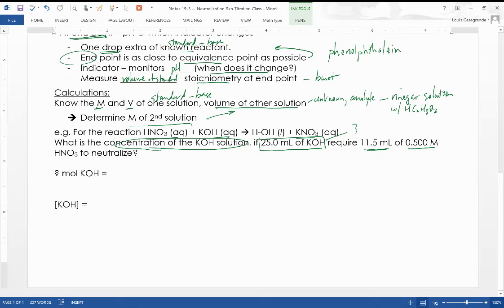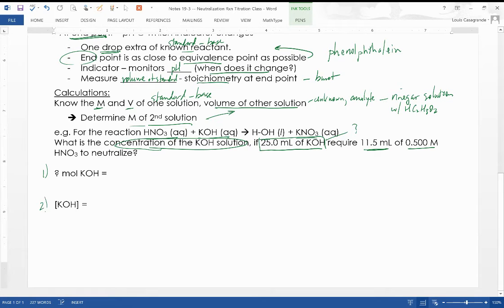Okay, so we did these kinds of equations, these kinds of stoichiometry, back in chapter 15 when we wanted to know what the unknown concentration was. And I broke it down into two parts. First, the moles of your known solution getting to the moles of your unknown solution.